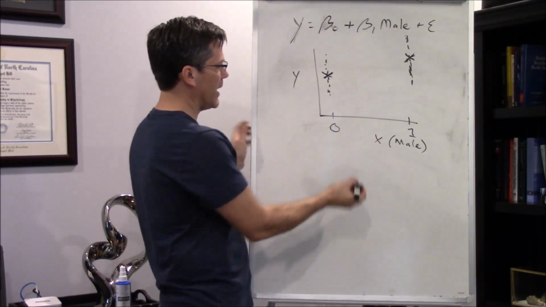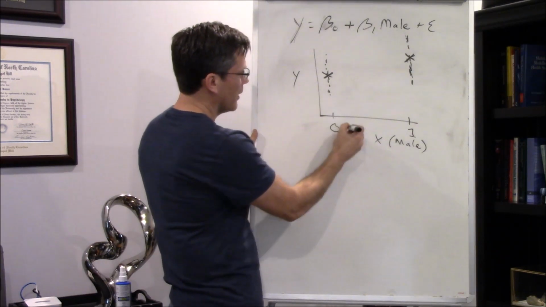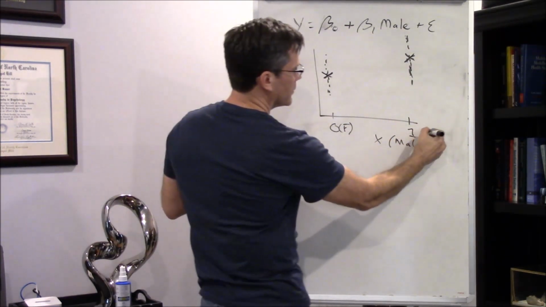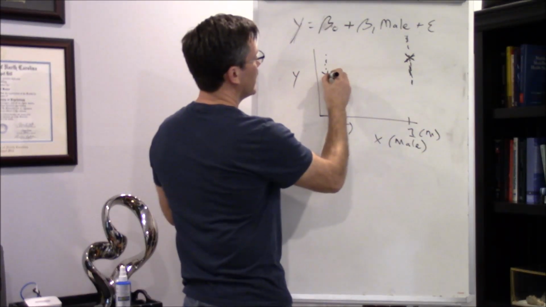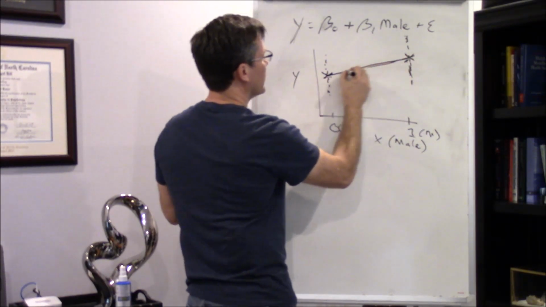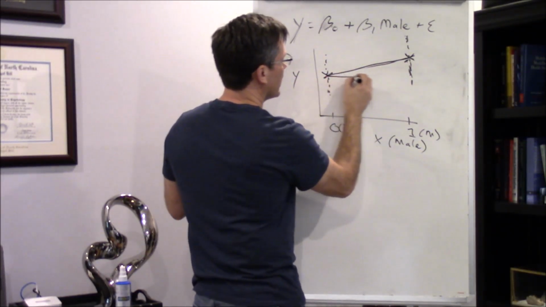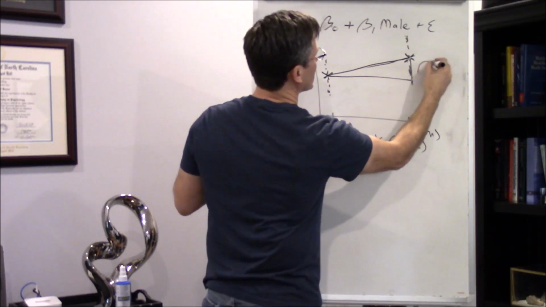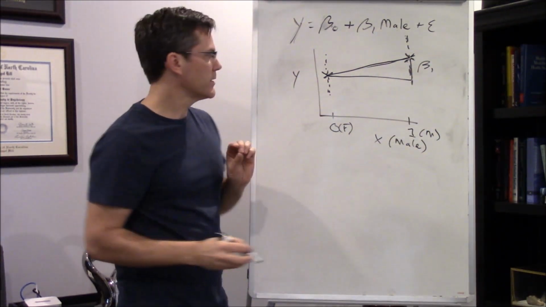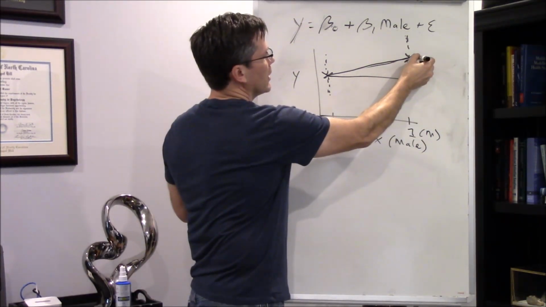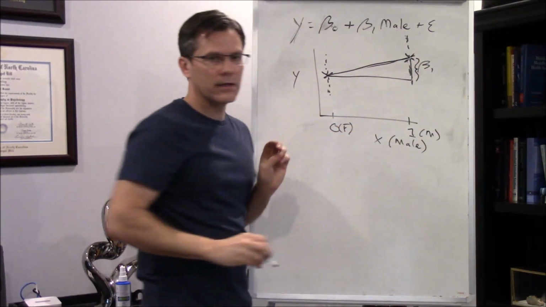So a 1-unit change in male means going from female to male, right? So we've got a slope of a line right here, and that slope represents beta 1, right? So that difference between the two means is beta 1.